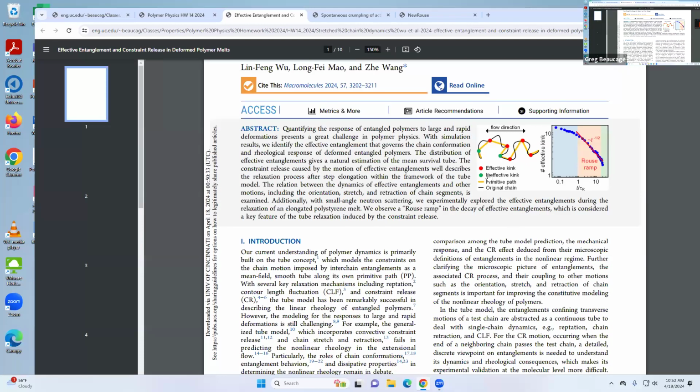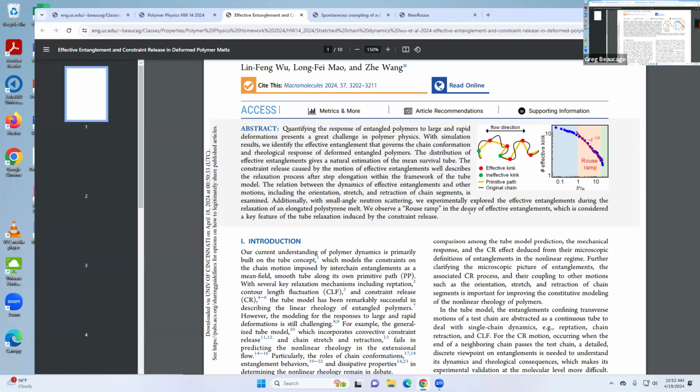If you take the chain, which is a squiggly thing, and then you find the entanglement points that are going to define the tube, then you can find a path that the chain follows, straight lines between entanglement points. So that's the primitive path. That's going to have a length. Here he calls it L, which is kind of confusing because L is usually the contour length, like the black line length, but the L that he uses in here is the primitive path length, which is that thing. Right.